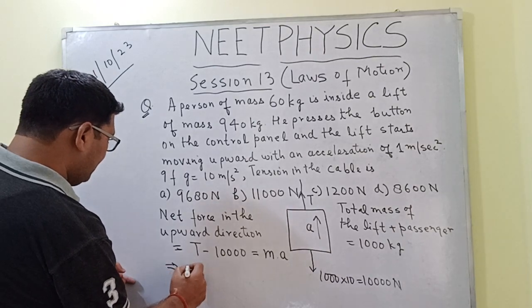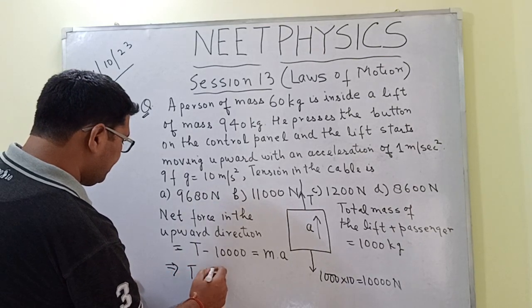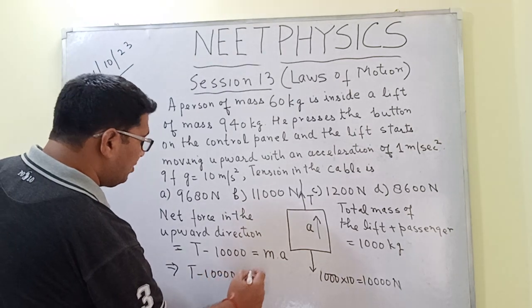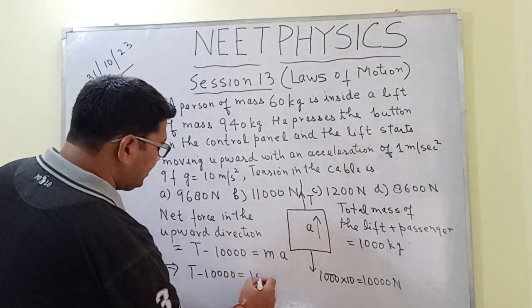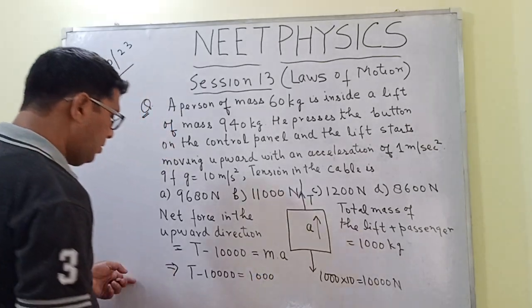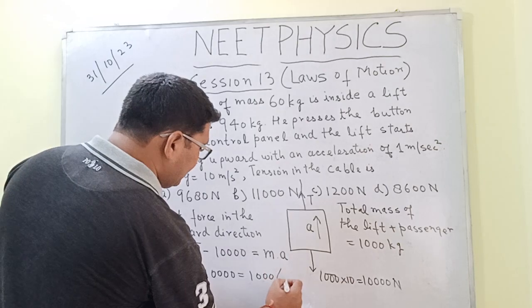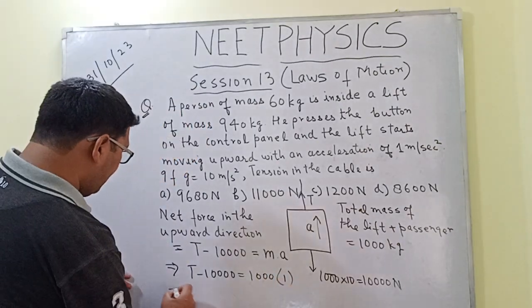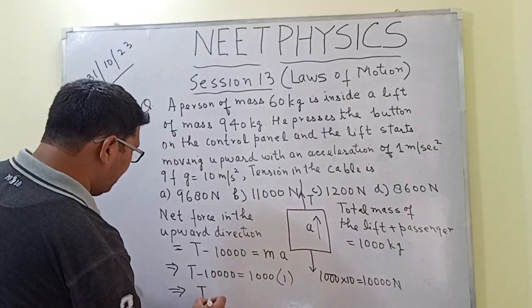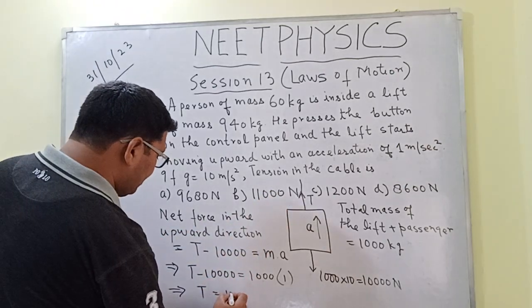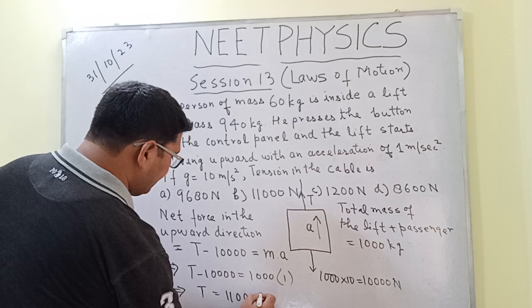It implies that T minus 10,000 is equal to the mass, 1000, into the acceleration, which is 1 meter per second square. So the tension in the supporting cable of this lift will be equal to 1000 plus 10,000, which is equal to 11,000 newtons.